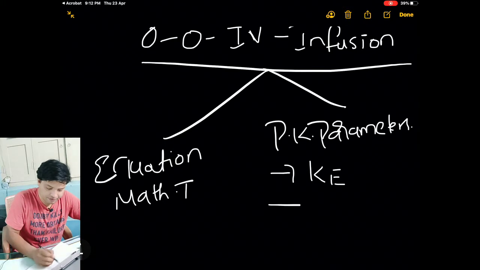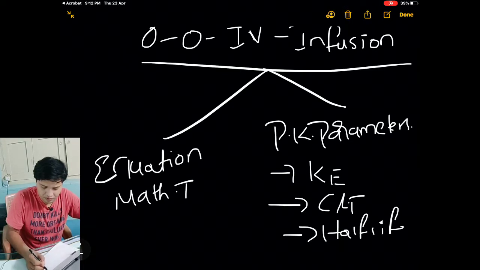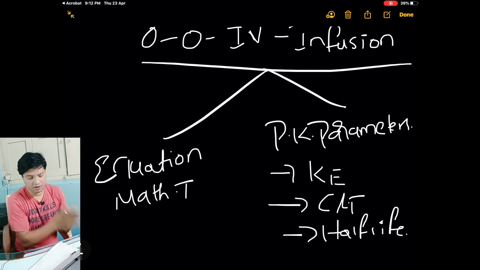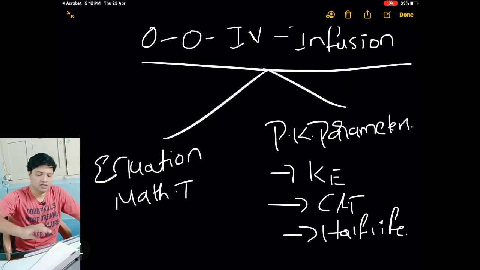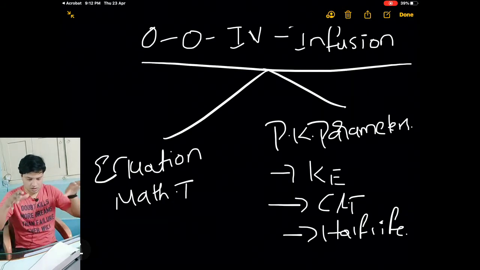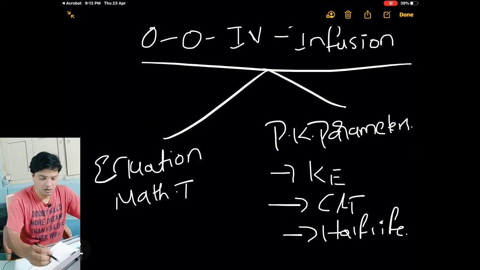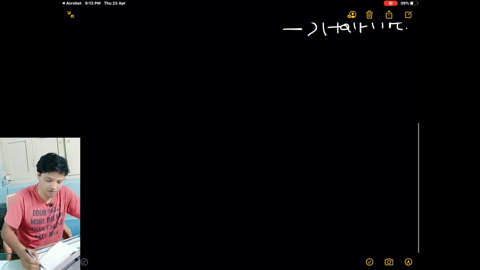Obviously Ke, clearance, half-life. So we try to give a mathematical treatment for this one compartment open model IV infusion, and also we try to derive those parameters. This is how the concept goes. So we'll try to give the mathematical equation for that.